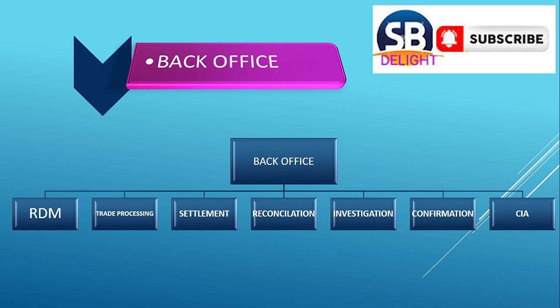In back office, we can say mainly seven things. One is RDM, reference data management. Second is trade processing or enrichment. Third is settlement. Next is reconciliation.